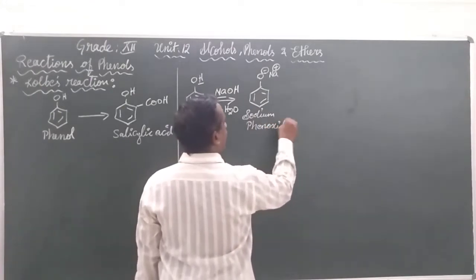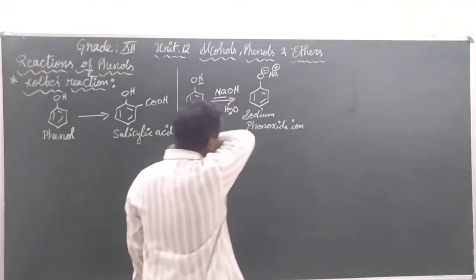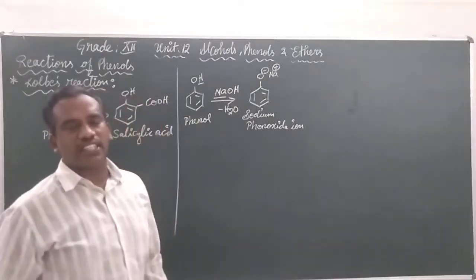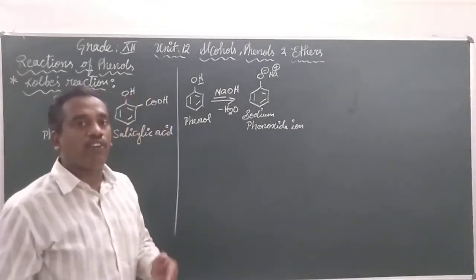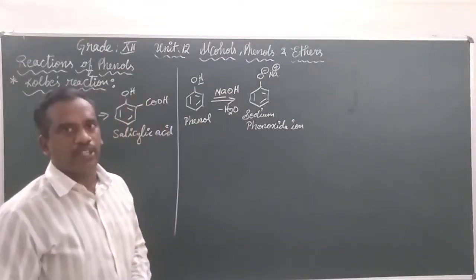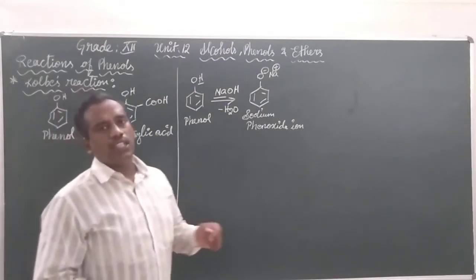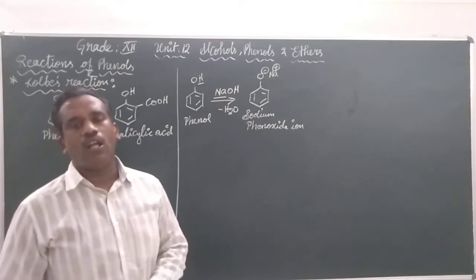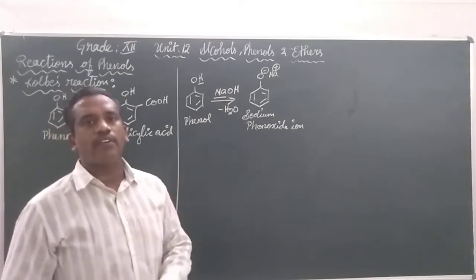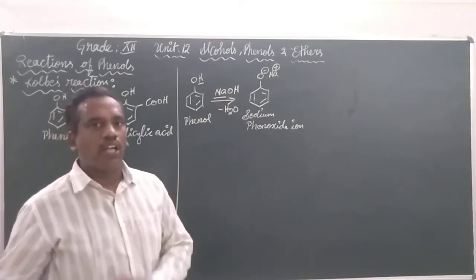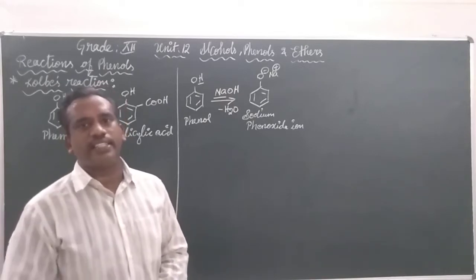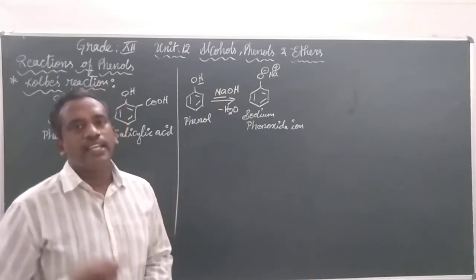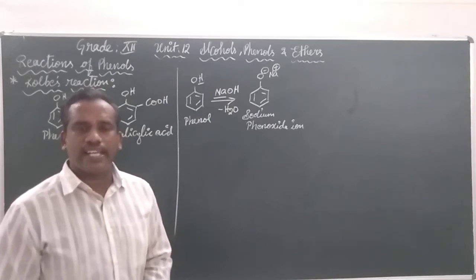We had already formed this sodium phenoxide ion in the previous equations, when we discussed how phenol reacts with sodium hydroxide. The sodium phenoxide ion is more stable than phenol because it is readily involved in conjugation. When the conjugation increases, resonating structures increase, and the stability of the molecule increases.